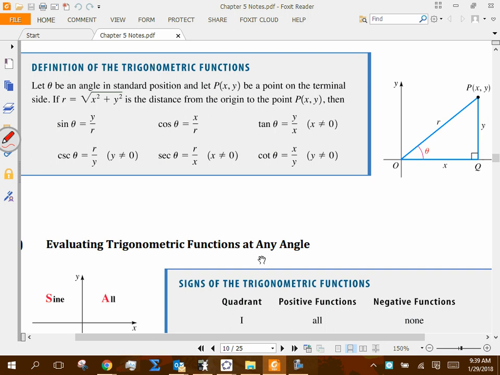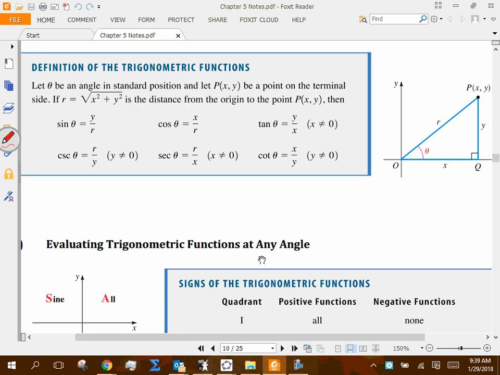Well, here's what comes in to be really nice. If we can make r 1, make the unit circle, now sine of theta is just y, right? It's just the y value of that ordered pair, which is really, really nice. So that's the convenience of being able to condense everything down to that unit circle eventually.